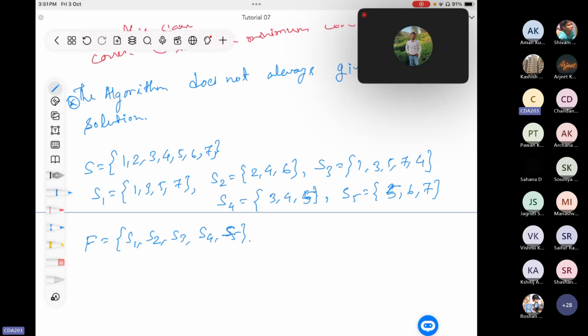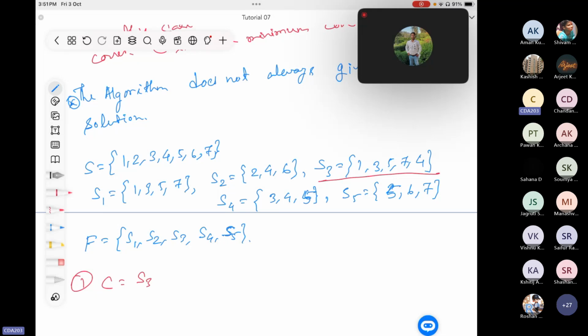We'll go for the maximum element first, the maximum size subset. Which one is the maximum size subset, maximum cardinality? This one, right? S3. So our algorithm will choose S3 first. So C will be S3. In the first step, C will choose S3.